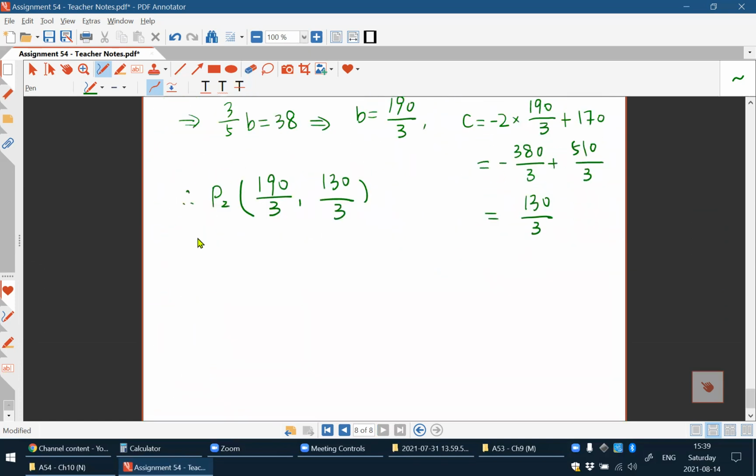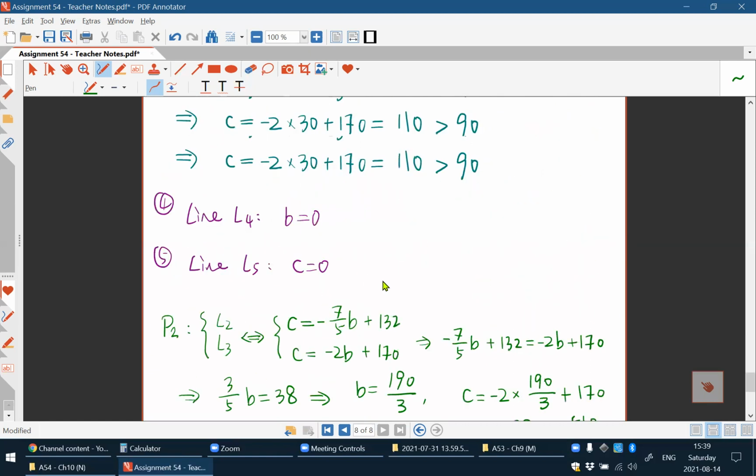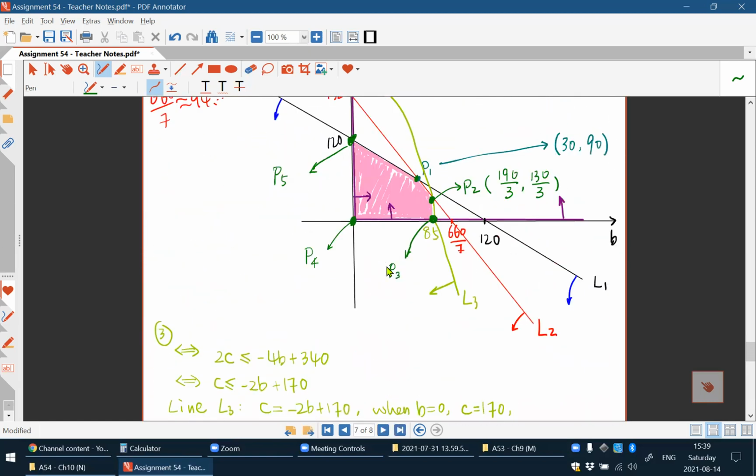So let's directly write, because it's the x-intercept, the y coordinate is 0, right? The x coordinate we already know is 85, right? Okay, so P3 is easy to find: 85, 0.